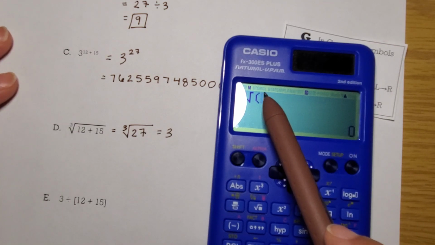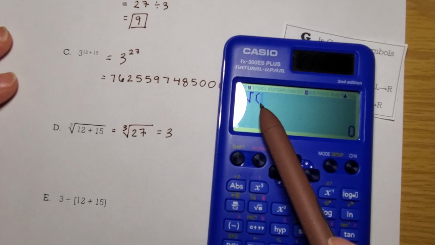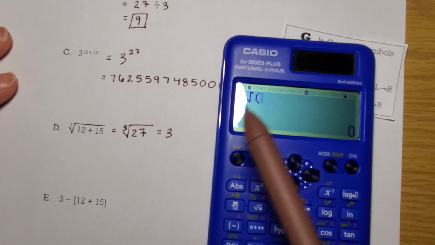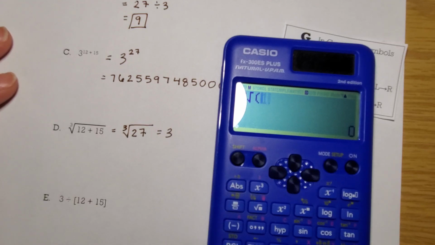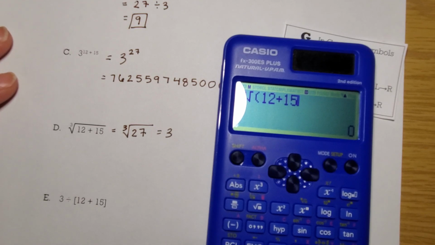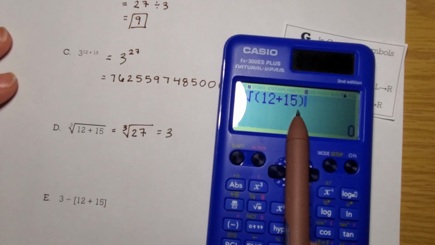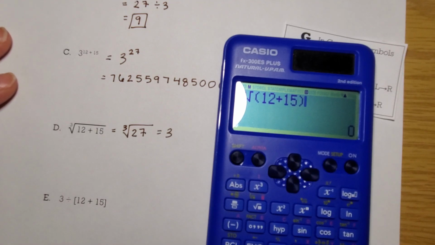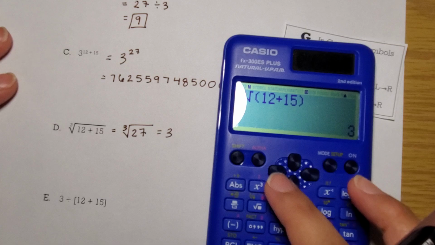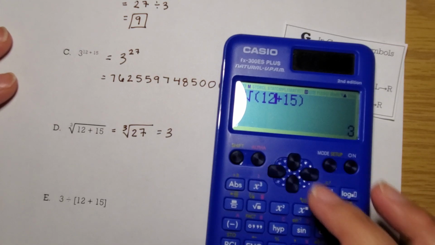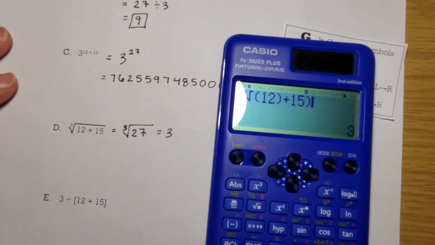If your calculator does not put a parentheses there, you want to make sure you put it there when you're checking your answer, so that you're taking the cubed root of this whole expression, not just the 12. And we get 3. So here, I'll show you what you would get if you had a calculator that does break for this one.